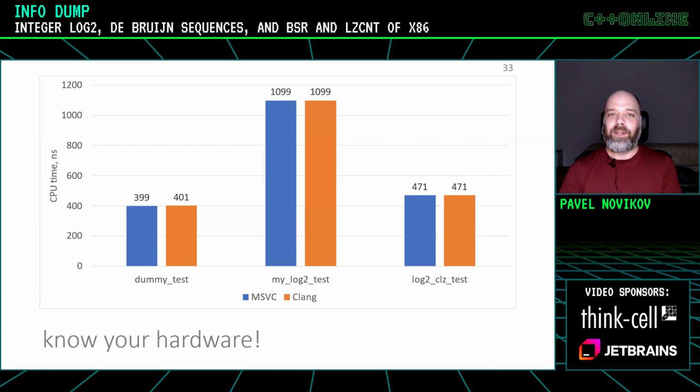By chance, we have the same results for Clang and MSVC for both my log2 and log2 using count leading zeros. And here, of course, the hardware instruction leaves no chance for our handcrafted, bespoke implementation using De Bruijn sequences. So probably the conclusion should be: know your hardware.